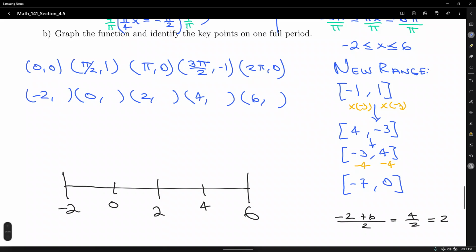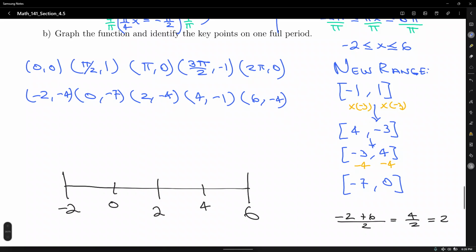Let's do this in our heads, one at a time. 0 times negative 3 is still 0, minus 4 is negative 4. 1 times negative 3 is negative 3, minus 4 equals negative 7. 0 times negative 3 is 0, minus 4 is another negative 4. Negative 1 times negative 3 is positive 3, minus 4 is negative 1. And 0 times negative 3 is 0, minus 4 equals negative 4.